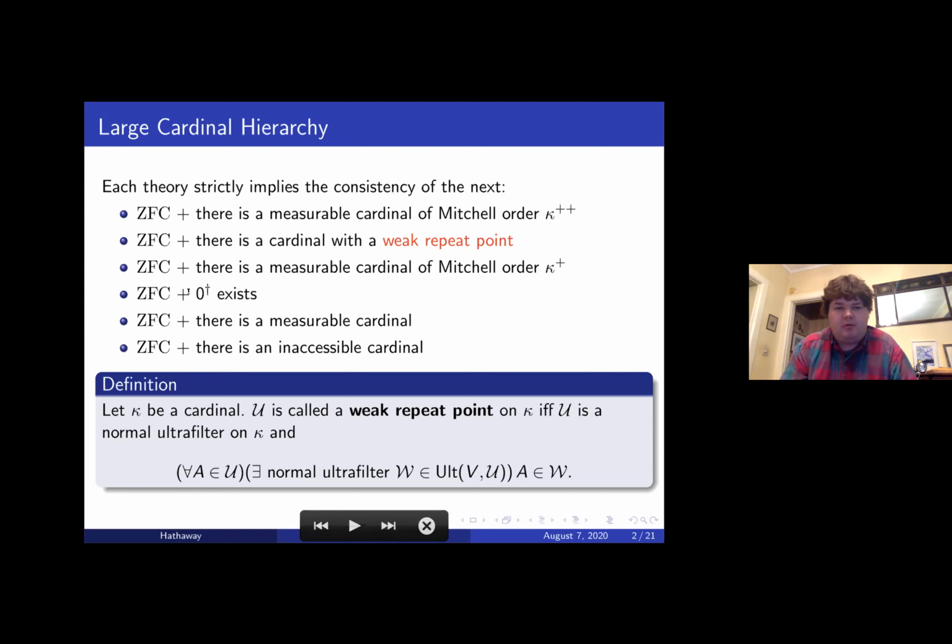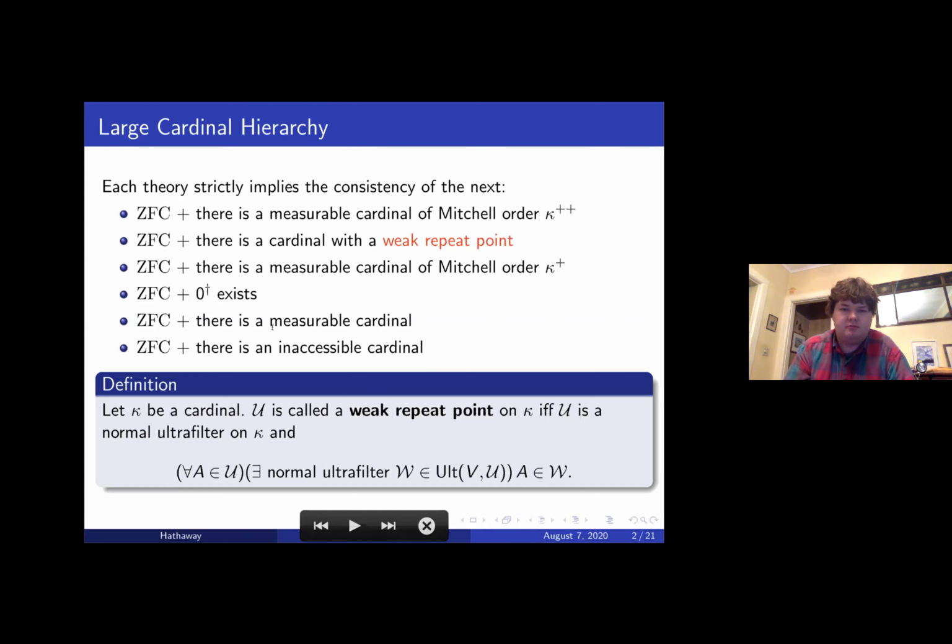And then way below that, ZFC plus zero dagger exists. By the way, zero dagger is just a statement that there is an inner model with a measurable cardinal that has an elementary embedding into itself. And then that's stronger than ZFC plus a measurable cardinal, and that's stronger than ZFC plus an inaccessible cardinal.